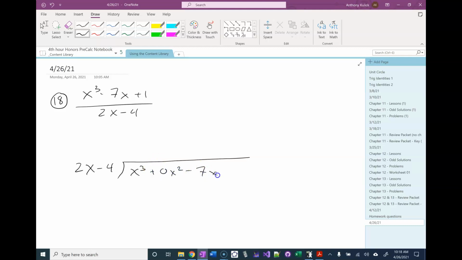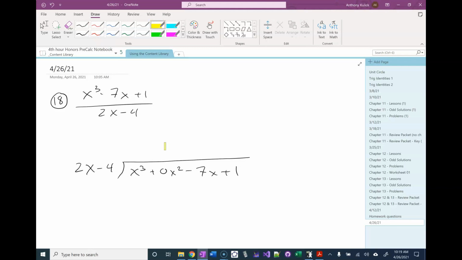I'm going to include the x squareds because it just keeps everything lined up. As long as you're combining like terms correctly, you don't need to have that 0x squared there, but I do it every single time because it helps keep everything neater and more organized. But it's not a disaster if you forget it.